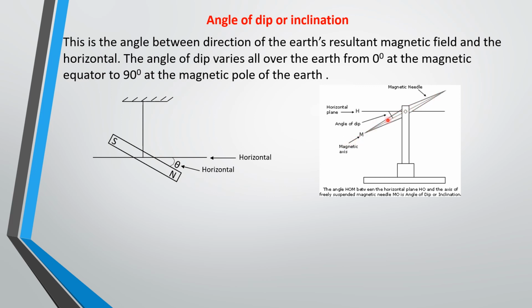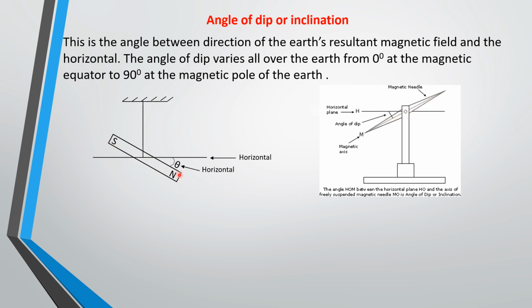This is the direction of the resultant magnetic field of the Earth. So the angle between the horizontal and the direction of the resultant magnetic field of the Earth gives you the angle of dip or angle of inclination. The angle of dip is the same thing as angle of inclination.